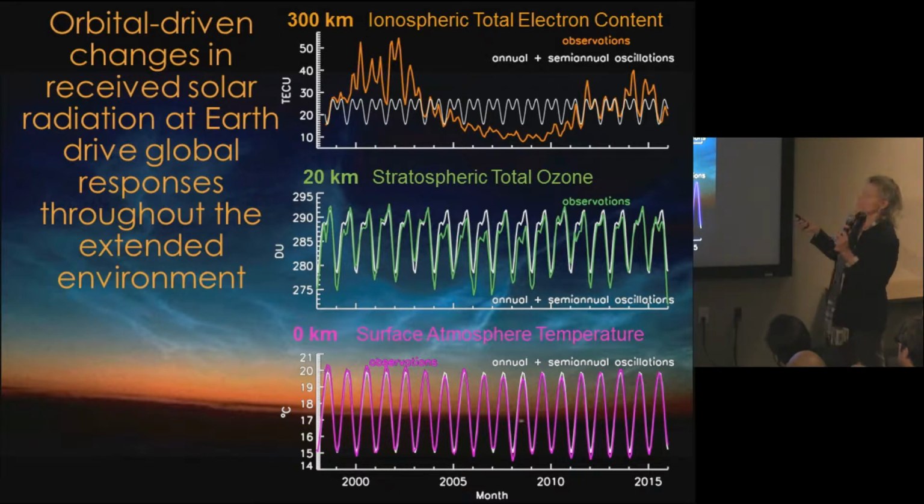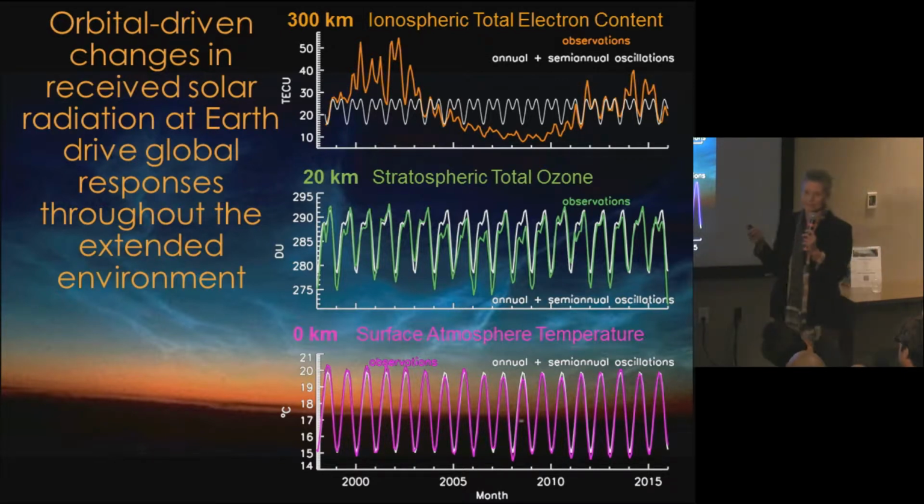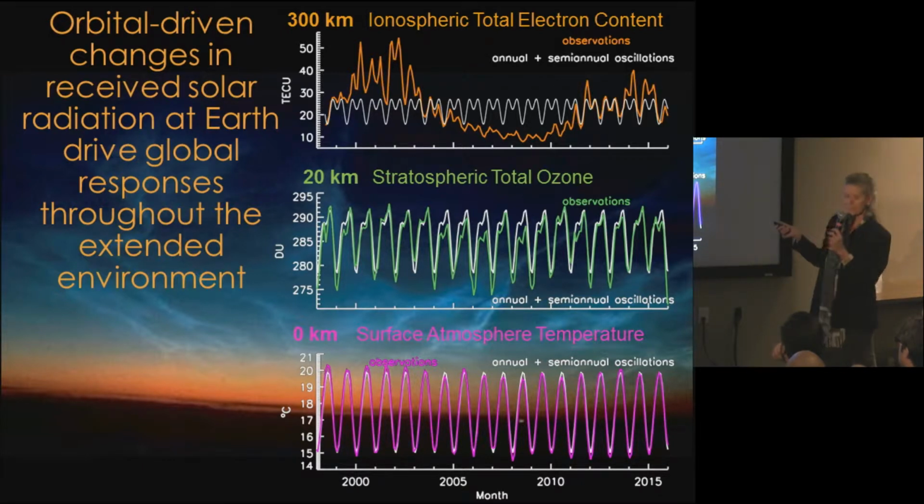Now, when I move up to the ionospheric total electron content, I'm using this just as an indicator of what's happening in the ionosphere. I could have used total mass density, or temperature, but now you can see, yes, there's a seasonal cycle. It has a pronounced semi-annual oscillation, but by no means does it capture most of what's happening in this region. When we get up to the thermosphere and ionosphere, this signal here is the solar activity cycle.